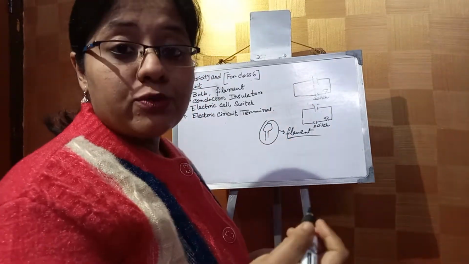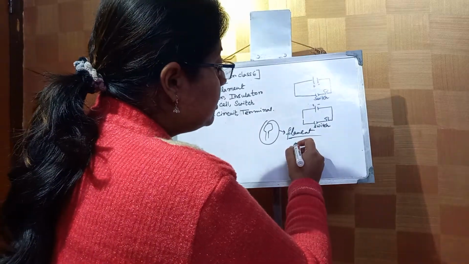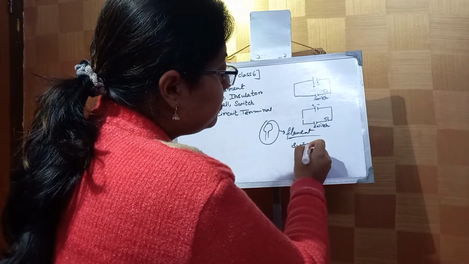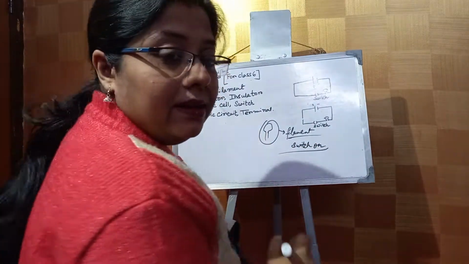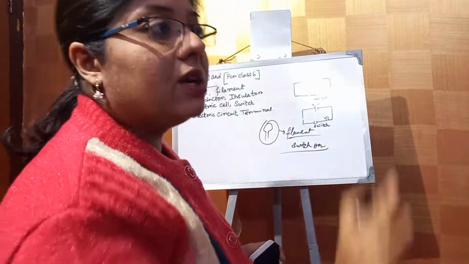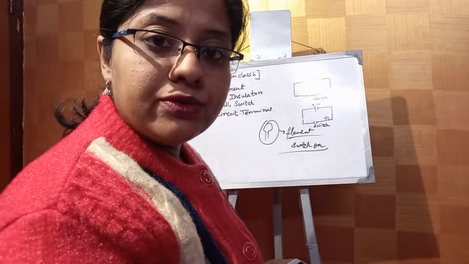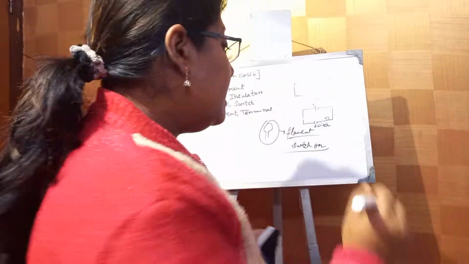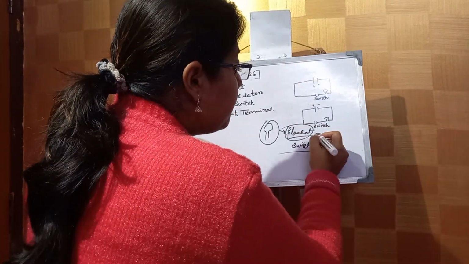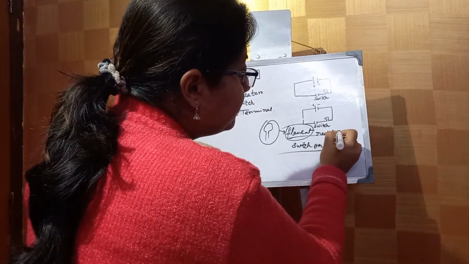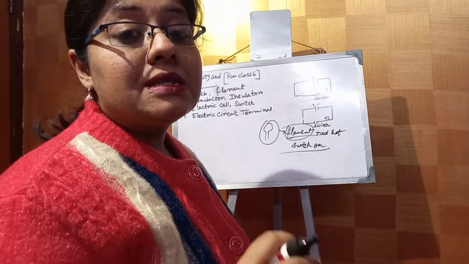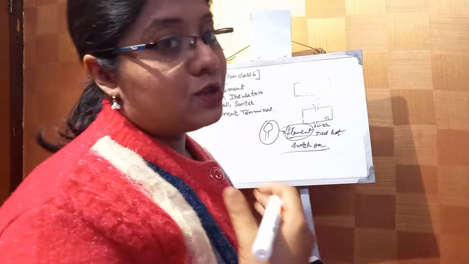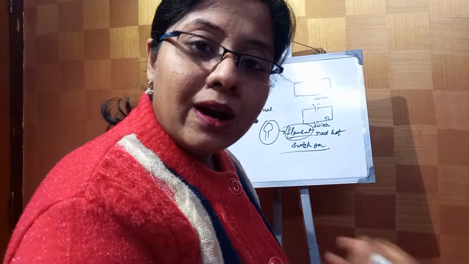So how does it work? When we switch on, the electric charges will start to move. Then due to the electric charges, the filament will become red hot and start glowing, and we get the light from the bulb.